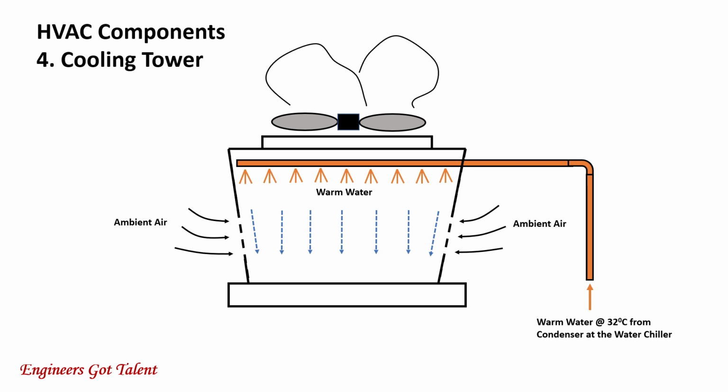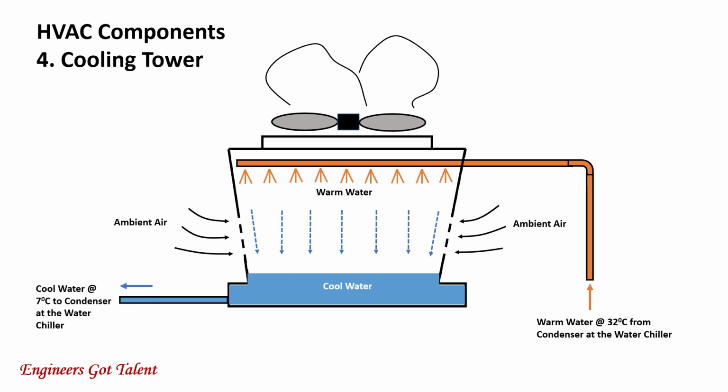The evaporation would look like a cloud-like smoke that can be seen on top of the cooling tower. The cool water is collected at the bottom sump of the tower. The cold water exits at 7 degrees Celsius and is pumped back to the condenser to absorb heat from the hot refrigerant at the water chiller.